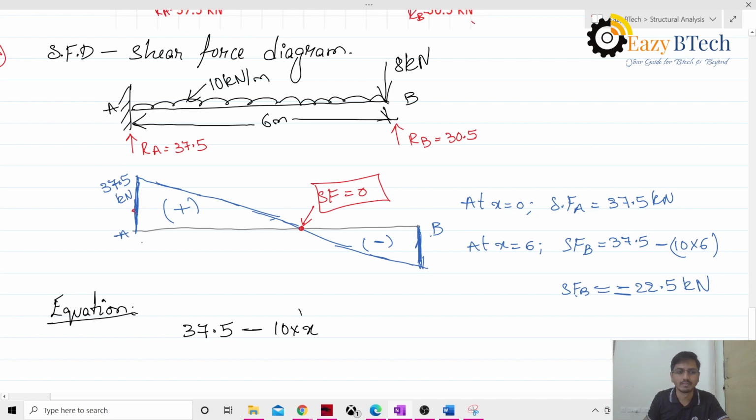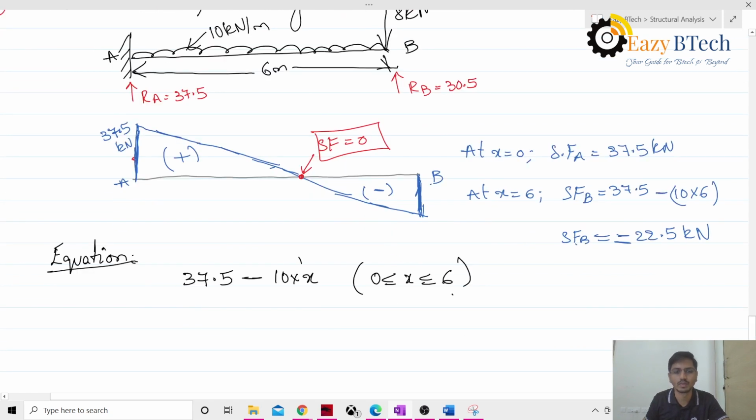X is ranging from 0 to 6. If we substitute the 0 value here, this is my SFx, I'll get 37.5. And if I substitute 6 value here, I'll get minus 22.5 kN.